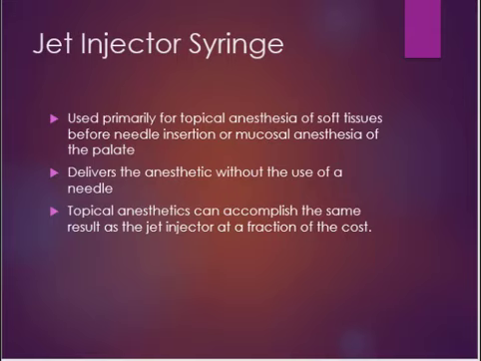The next one is the jet injector syringe, which is mainly used for topical anesthesia of soft tissues before the needle insertion or mucosal anesthesia of the palate. Now, this is going to actually deliver anesthetic without the use of a needle.